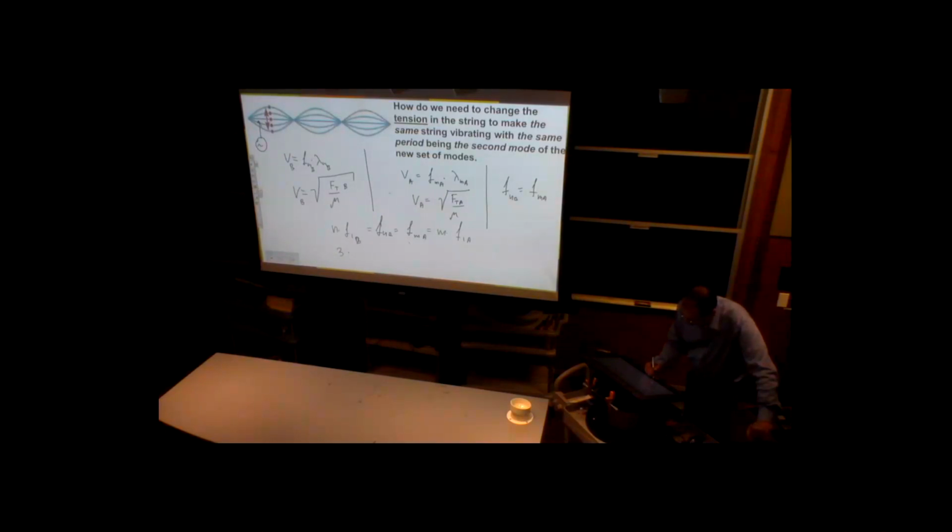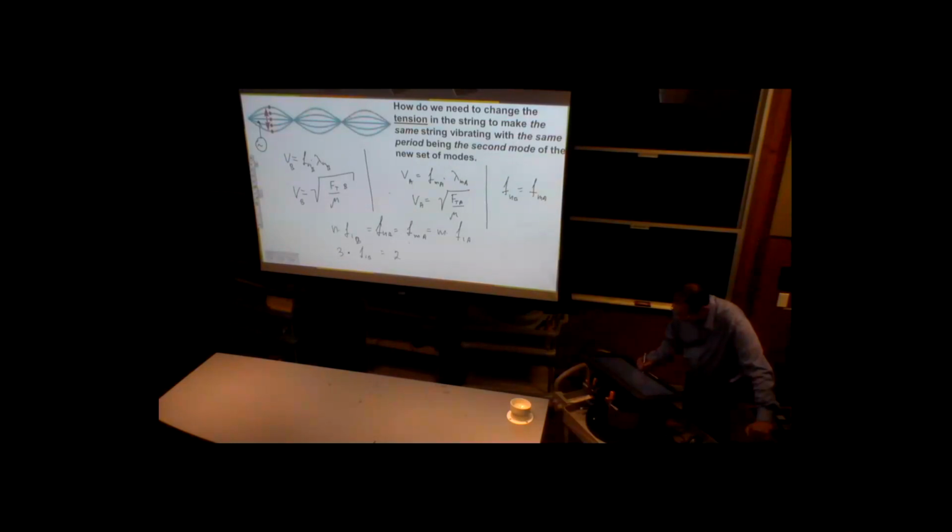How do I get to the new one? We already calculated the fundamental. So this is the known number.